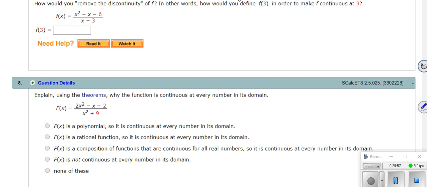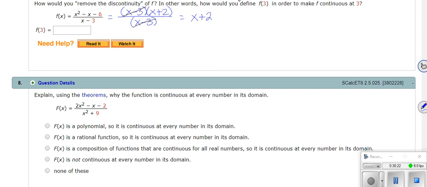So in other words, up here, this f of x. This top part can be factored. It would be x minus 3 and x plus 2. And then we've got the x minus 3 on the bottom here. So now we can actually cancel those two. Okay, so all that's left is x plus 2.